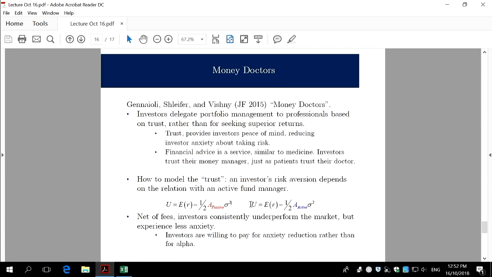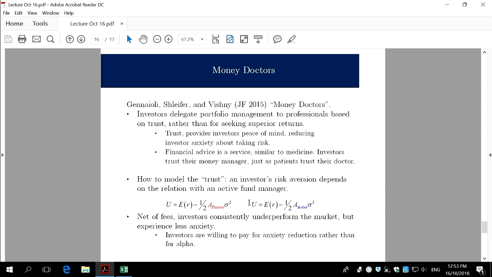Originally, we assume that risk aversion, the capital A, is fixed for each person. Maybe your risk aversion is different from my risk aversion, but for each individual person, risk aversion capital A should be fixed. That's what we learned before. But in this paper, they say, no, it is not like that. Your risk aversion depends on what kind of fund manager you are dealing with.